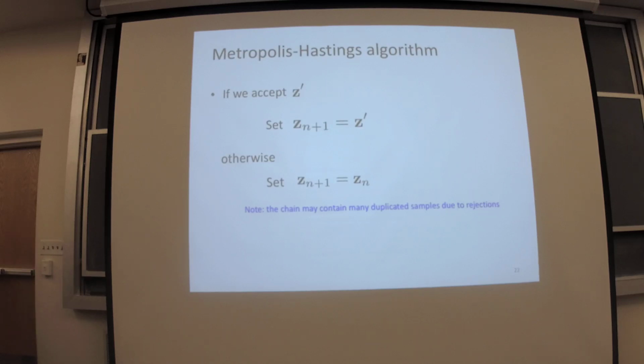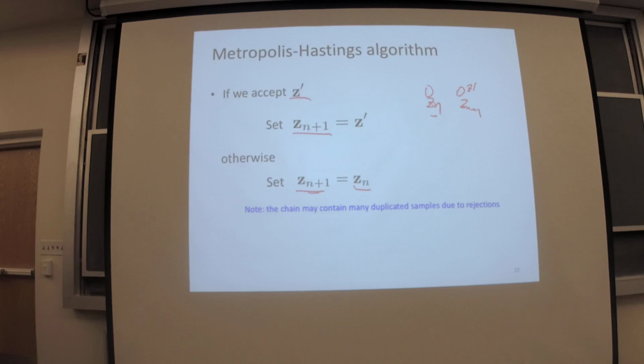So if it turns out that we accept Z prime, then we assign Z prime to be our next state, Zn plus 1. Otherwise, I will set the current sample Zn to be the next. So basically, if I generate Z prime from Zn, and I find it useful and accept it, I just assign Zn plus 1 to be Z prime.